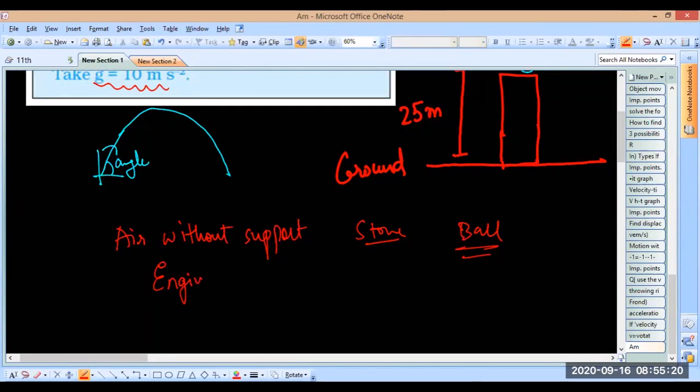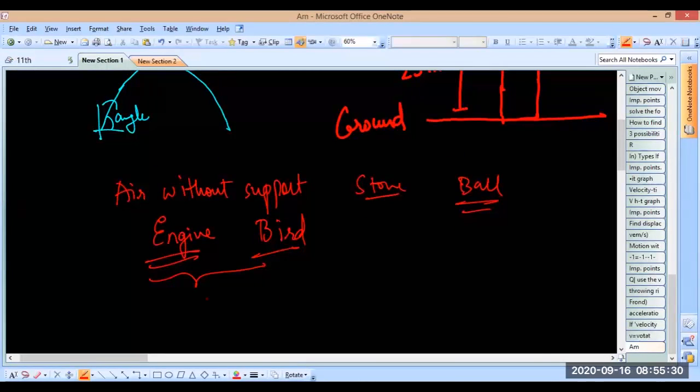We are not talking about a rocket or a plane, or even a bird, because all these things are actually pushing air. They all move by applying forces on air. So we are not talking about such things that have an engine, or birds. We are talking about things that we throw typically.